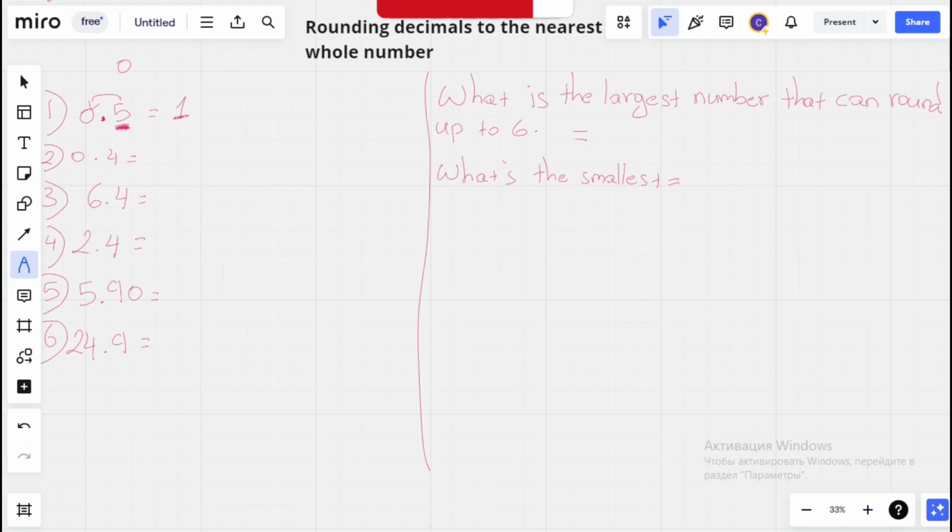So just like 0.6 will also become 1, or 1.6, what will happen? It will give 1 and it will become what? 2. So you just add 1 to the number before the decimal if the number after the decimal is bigger than 5 or 5.